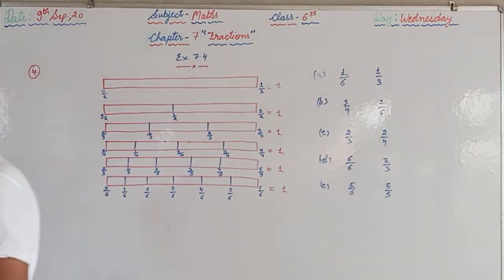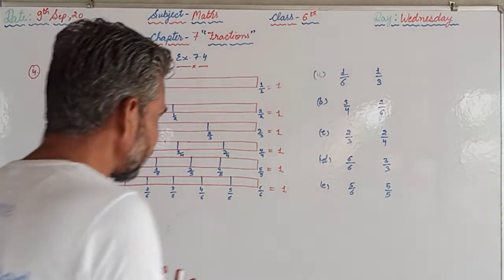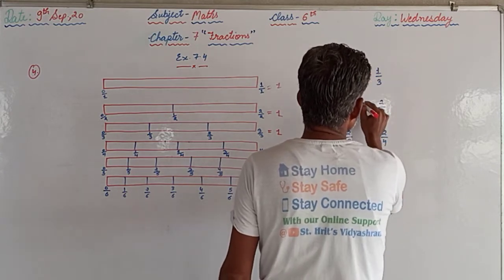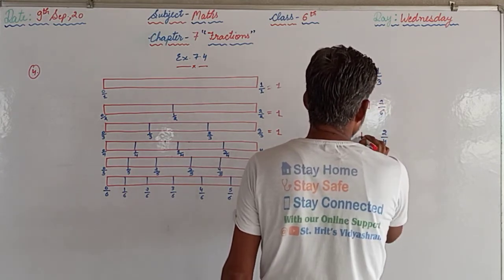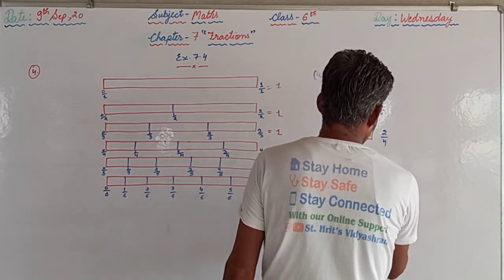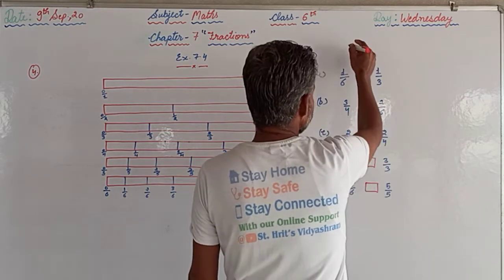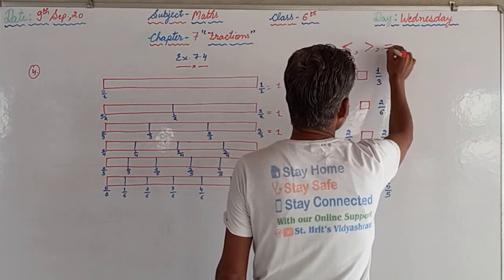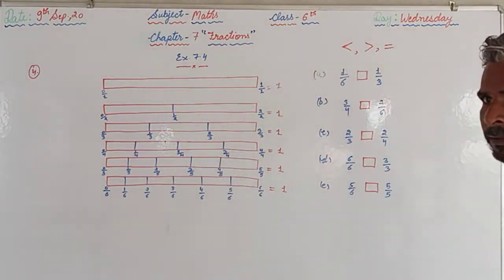These are the fractions which we are supposed to compare. So how to compare? We will put one box between them, and we will use the sign either less than, greater than, or equals to in these boxes.